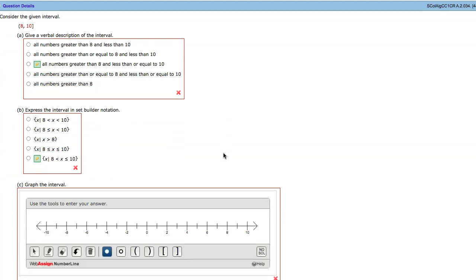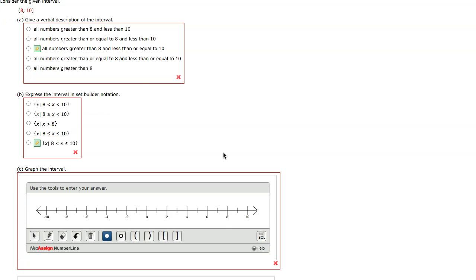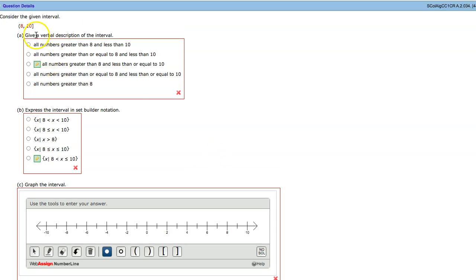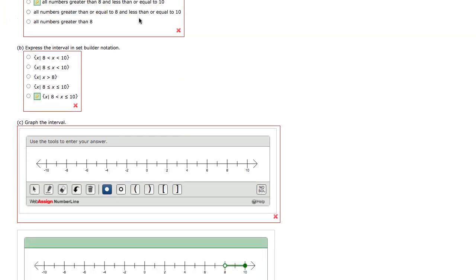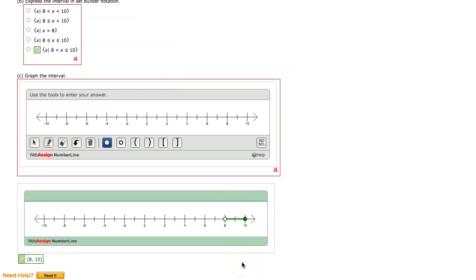Now, number 22, guys, this is the half open, half closed interval from 8 to 10. You put an empty hole at 8 because it's got a parenthesis on it. You put a complete black dot at 10 because it's got a bracket on it. So you see this guy right here? You got the empty hole at 8, the complete dot at 10, and you shade everybody in between.